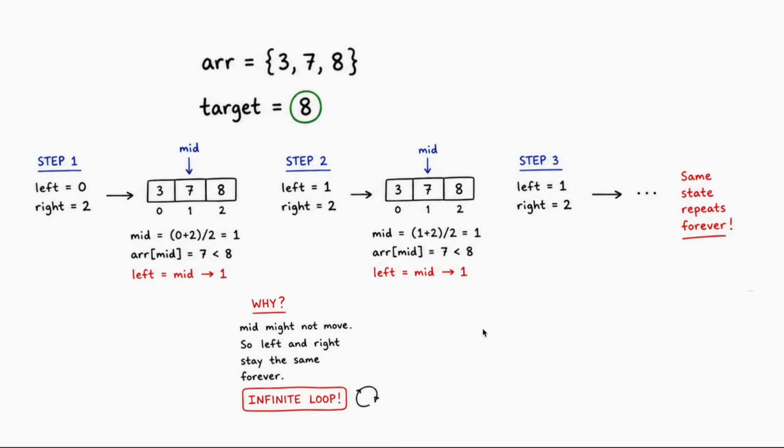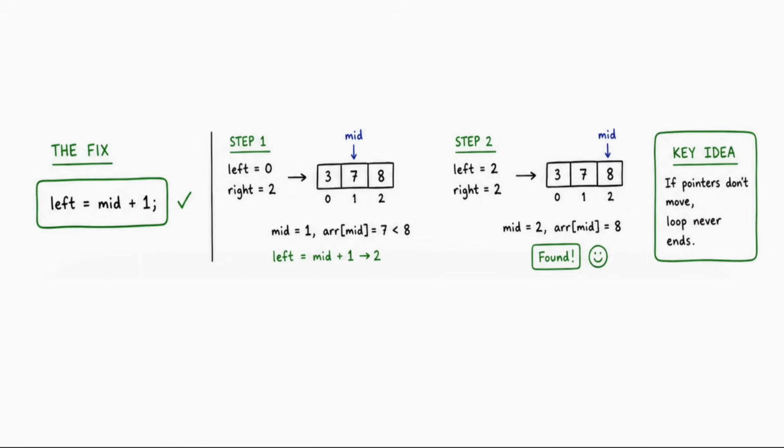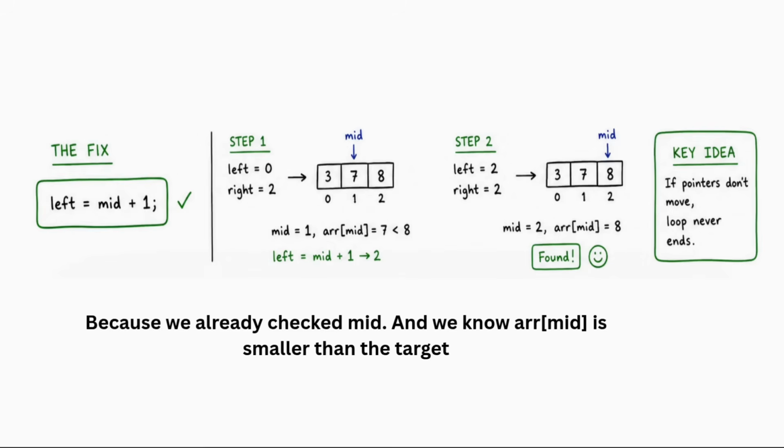So what is the solution? The solution is, instead of assigning mid to the left variable, we have to assign mid plus 1, because we already checked mid, the element present at index 1. The computed mid was 1, and the value present is 7.